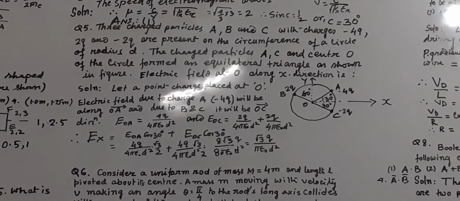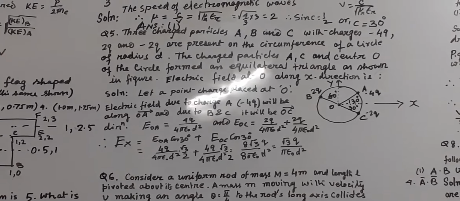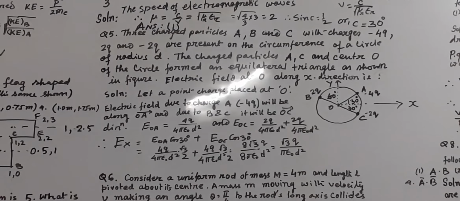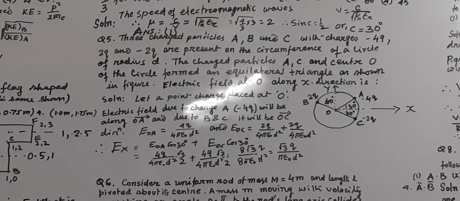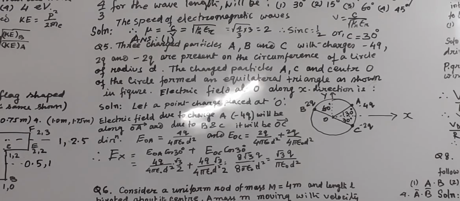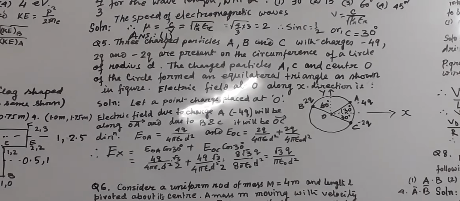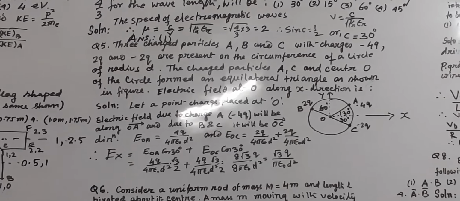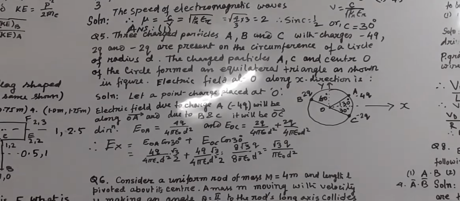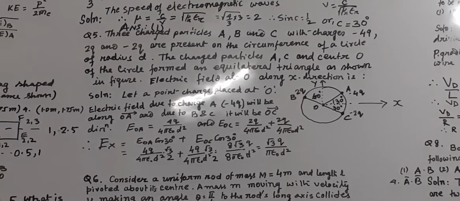Next, question number 5. 3 charged particles A, B and C with charges minus 4q, plus 2q and minus 2q are present on the circumference of a circle of radius d. The charged particles A, C and center O of the circle form an equilateral triangle as shown in the figure.